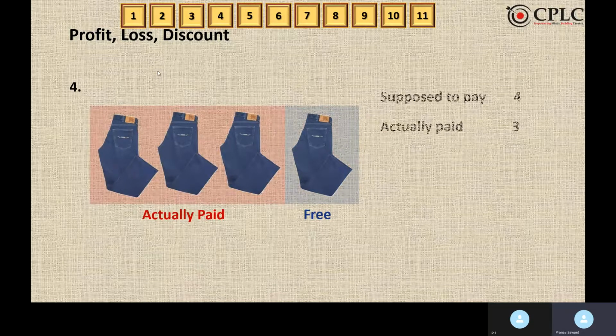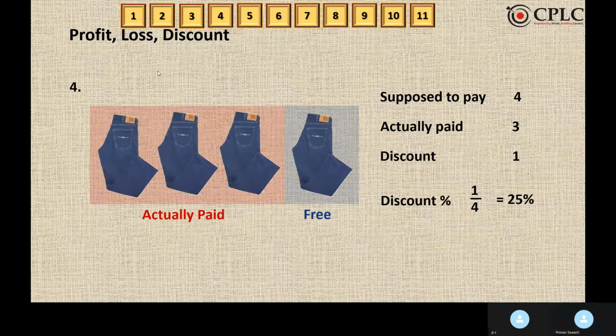As we are getting 1 jeans free, we can say that we are getting discount of 1 jeans. So we were supposed to pay 4, but actually we paid 3. So the discount is of 1. We are getting discount of 1 when we are purchasing 4. That means 1 upon 4 into 100 will be the discount percent. So that is 25%.